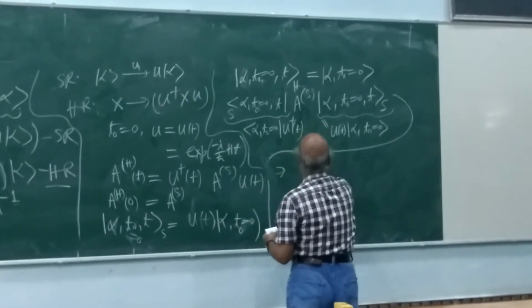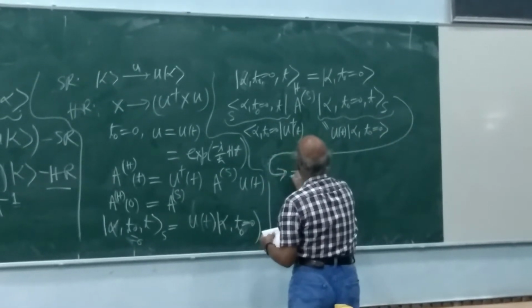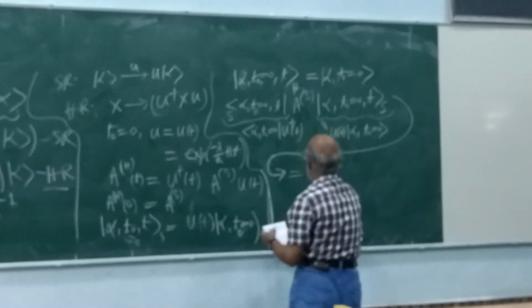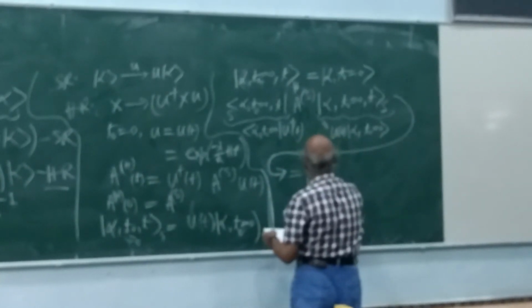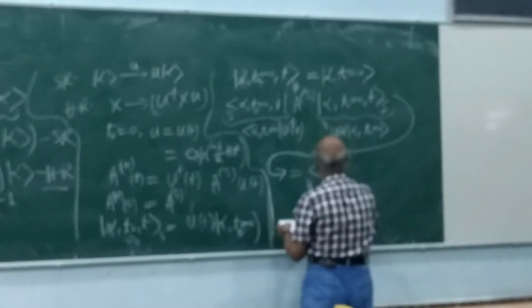And therefore, I could write down this object as equal to alpha.